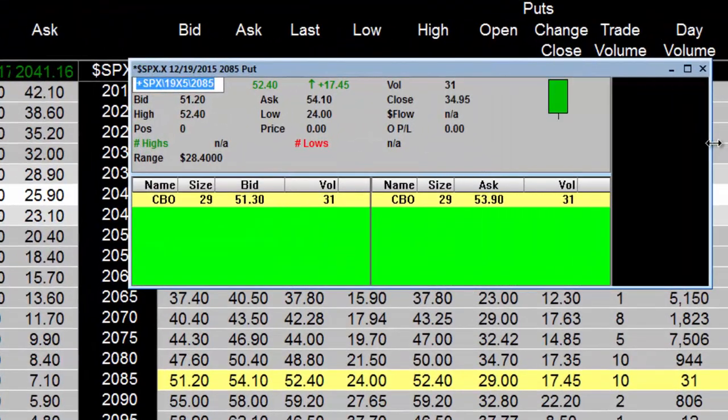The put options here were in a $28 range on the S&P 500. They're up $17 today. The low was $34.95 on yesterday's close, but we're getting in around $25, $26 on that 2085 put option.